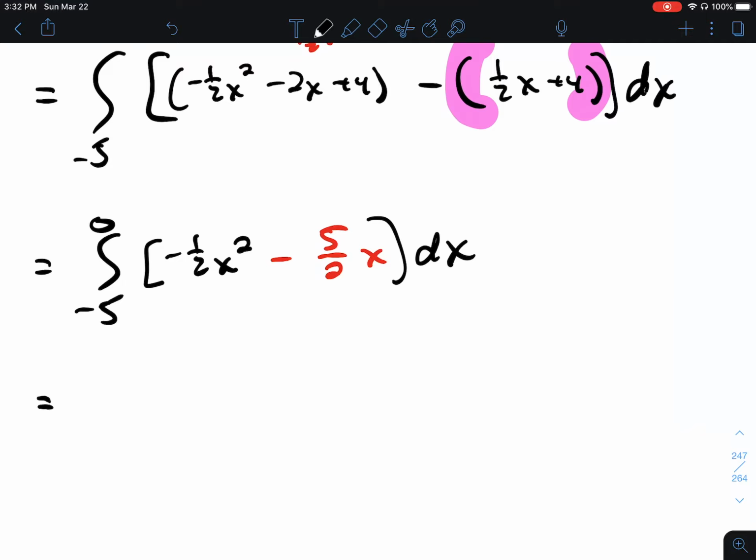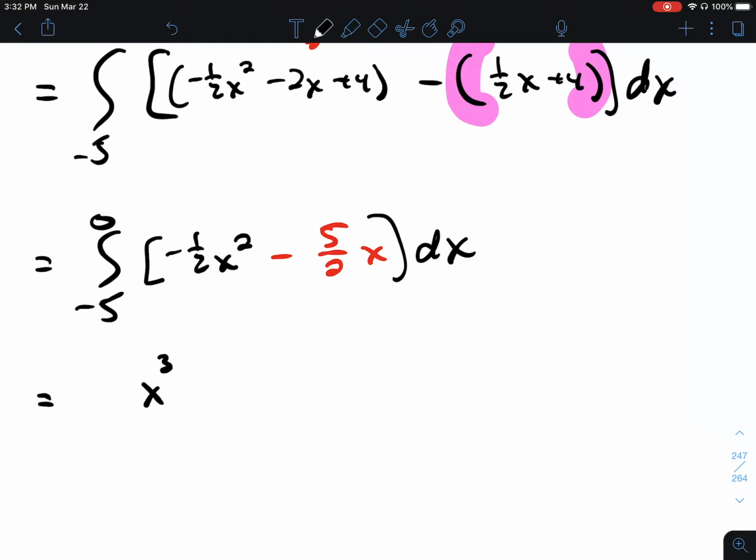So, to integrate -1/2 x squared, add 1 to the exponent, multiply by the reciprocal. So a third times -1/2 is -1/6. Add 1 to the exponent, multiplied by the reciprocal, it's going to be -5/4. We're evaluating this from -5 to 0.